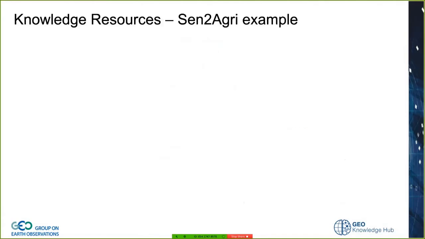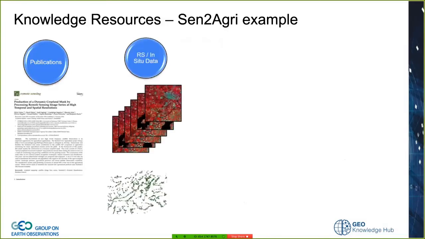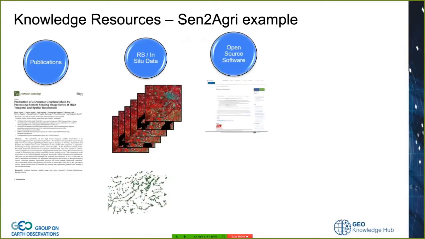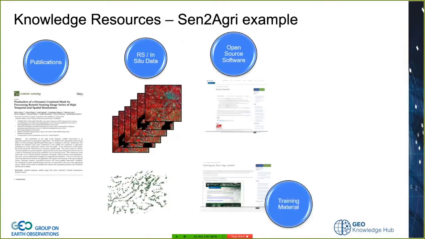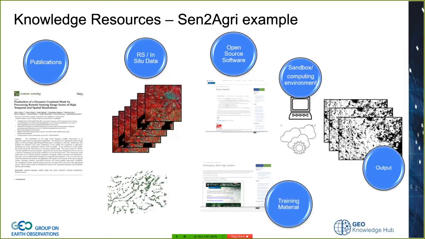If we were to focus in, for example, on the Send2Agri Earth observation solution for crop monitoring example, we would note that there are several what we would call resource components that comprise this particular Earth observation application. So they range from publications, which describe the methodologies being used and from peer-reviewed journals. Then we would note the different types of data that are being used, whether they're remotely sensed or in situ or both in some cases.